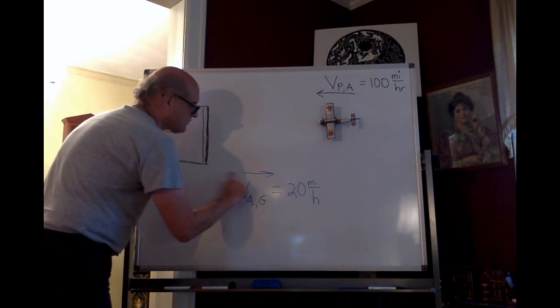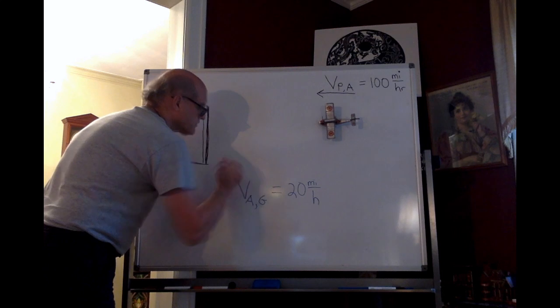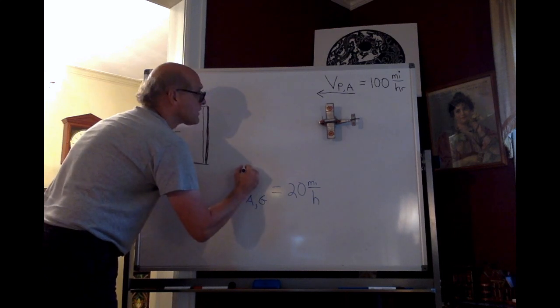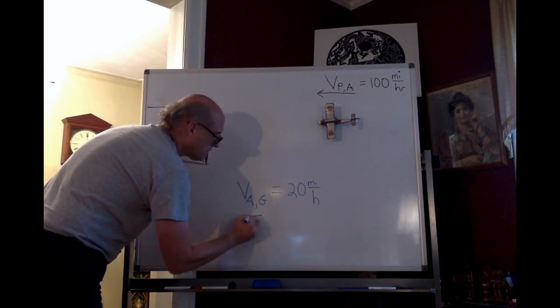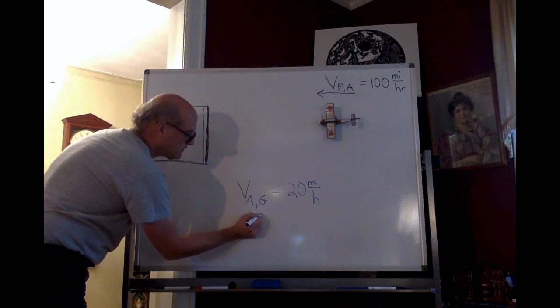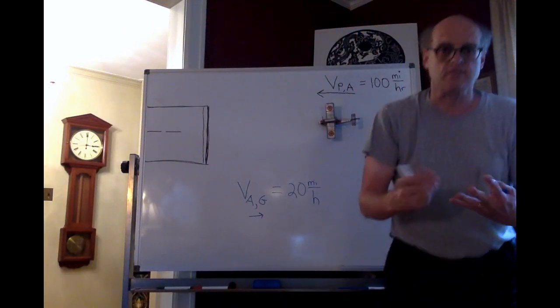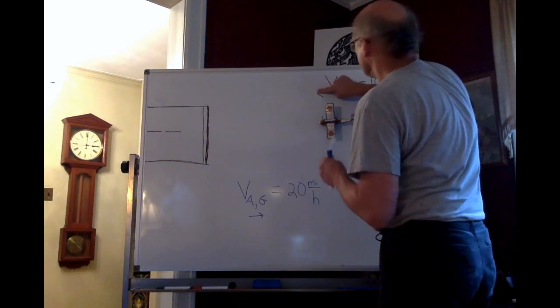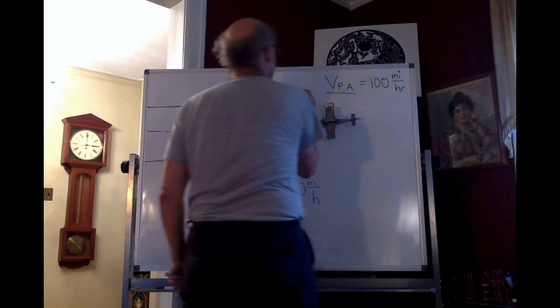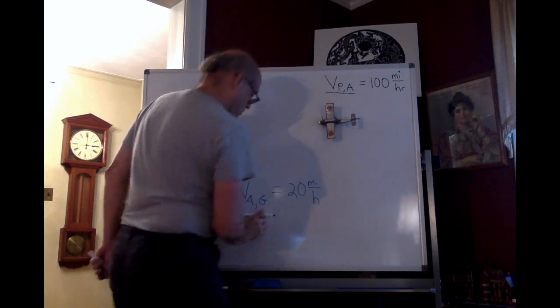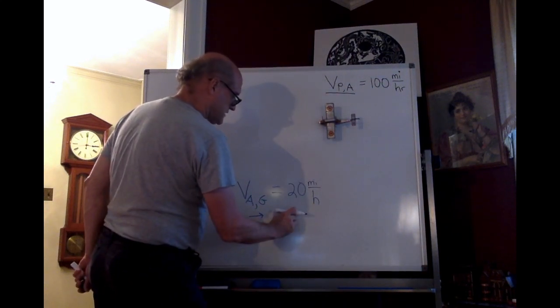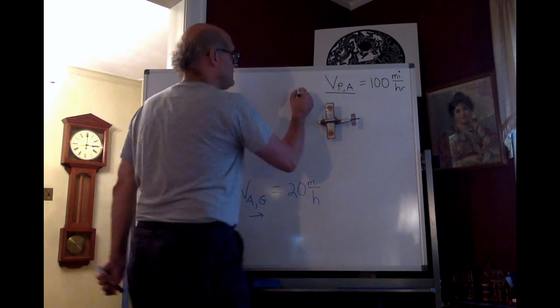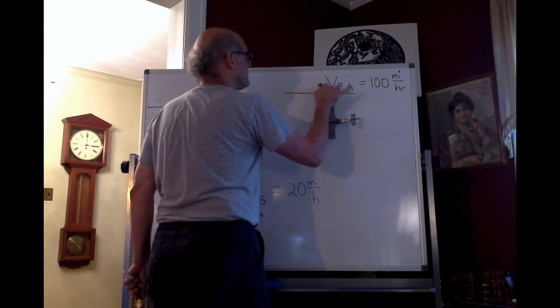Now let me make this arrow a bit shorter so that it's proportional to the one I already drew here. Well, not really, but at least it suggests that this is smaller than that. Let's see, 20, 30, 40, 50, 60, 70, 80. Okay, so maybe this.